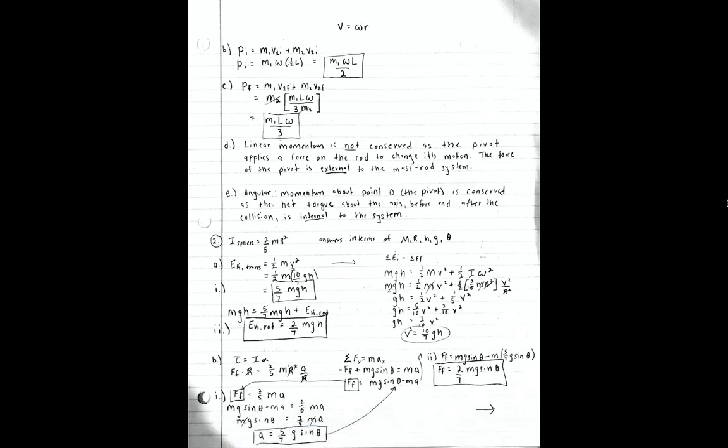In B part II, we need an expression for the force of friction in terms of only those variables. So we're going to take that equation, force of friction equals the x component of the force of gravity minus m times a, and plug in for a using the expression we just solved for. We find that the magnitude of the force of friction is 2/7 m times g times the sine of theta.